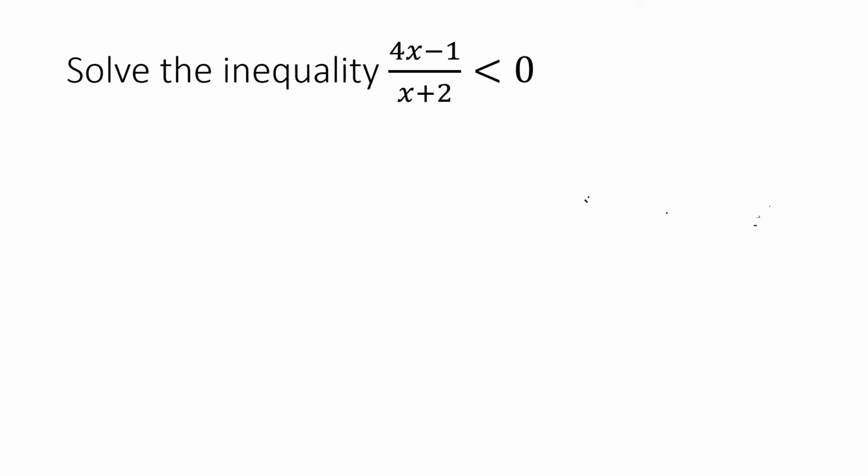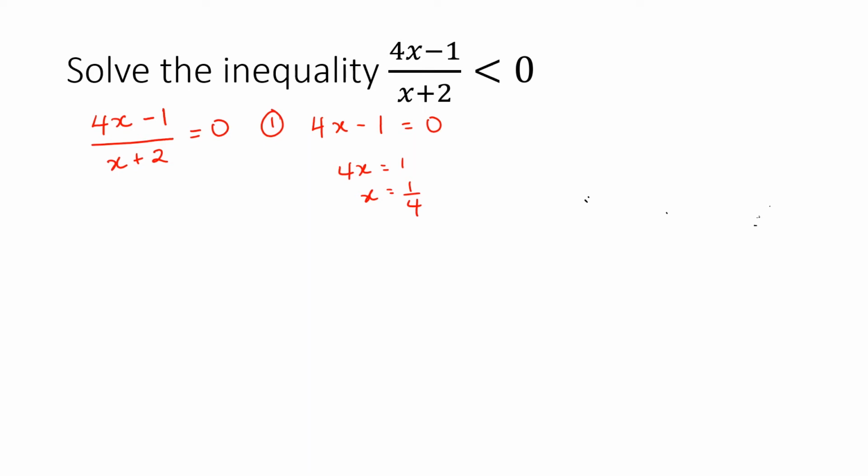If 4x minus 1 over x plus 2 is equal to 0, then 4x minus 1 equals 0, right? Then we transpose to find the value of x when this is equal to 0. So 4x is equal to 1, so x will be 1/4.